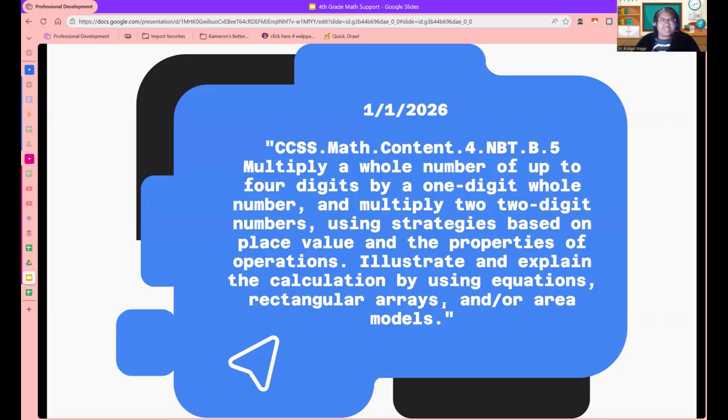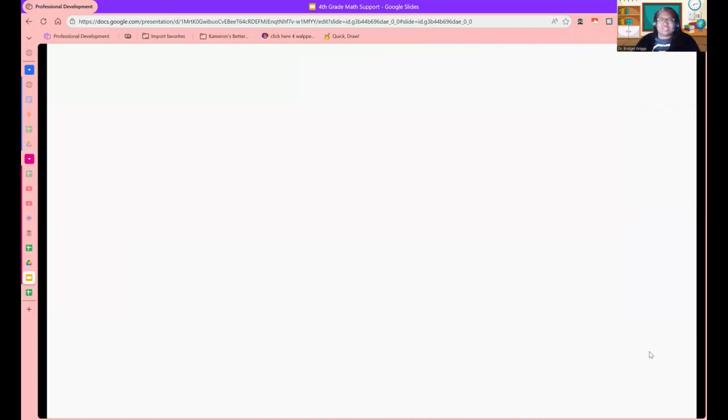So this one allows you to do a lot of different strategies in order to solve. So we'll look at a few. We'll probably do the area array and possibly do the rectangular array and the area model. Now let's look at a couple of problems where we can use these strategies.